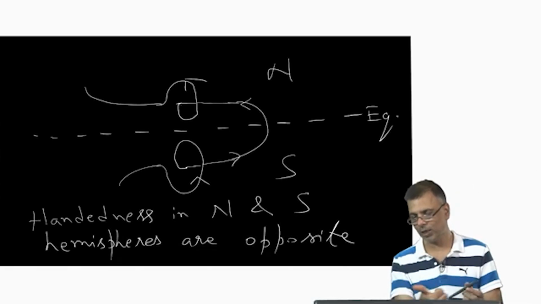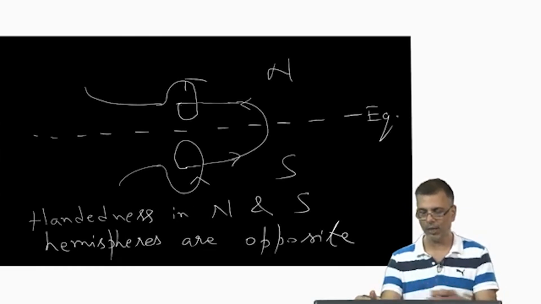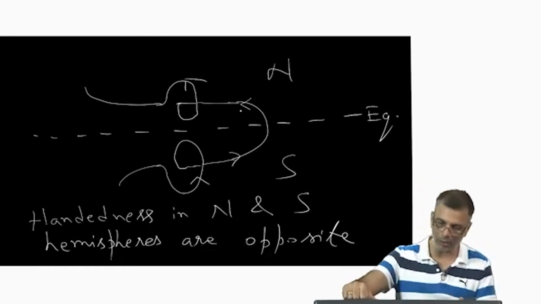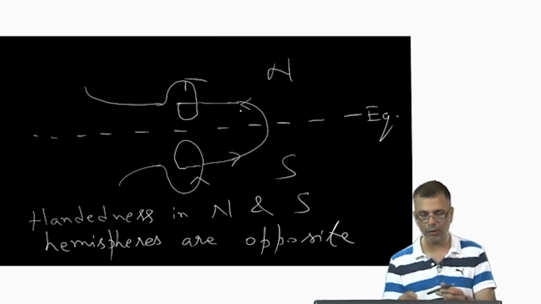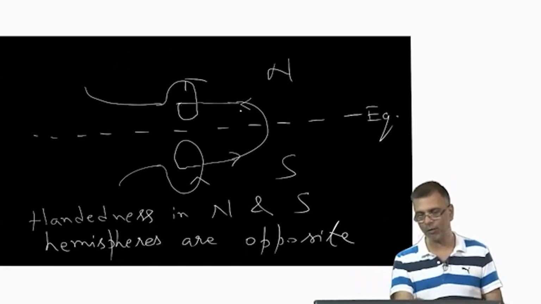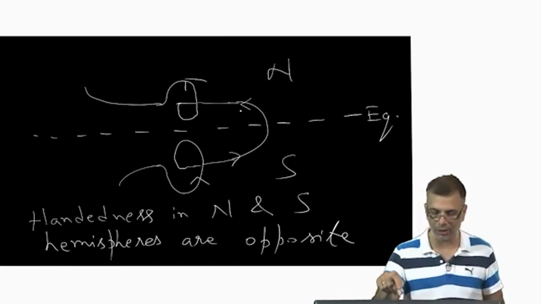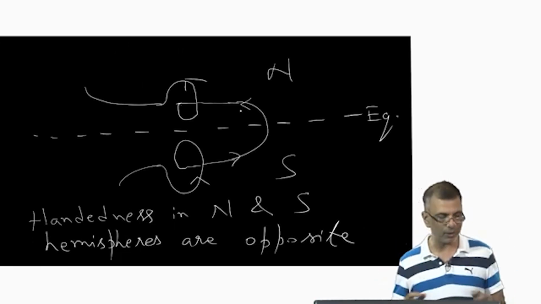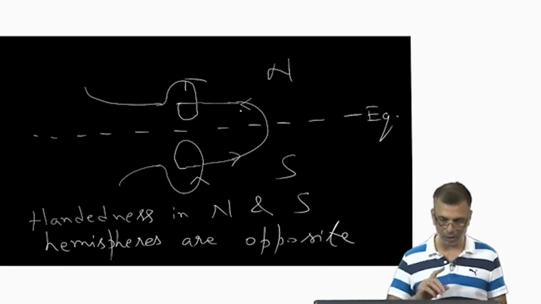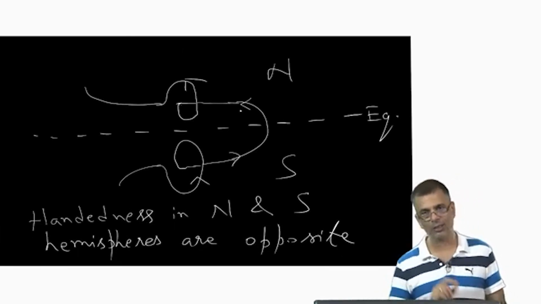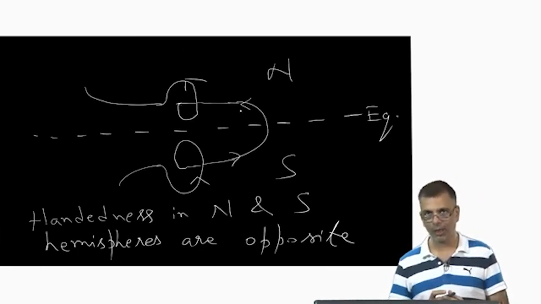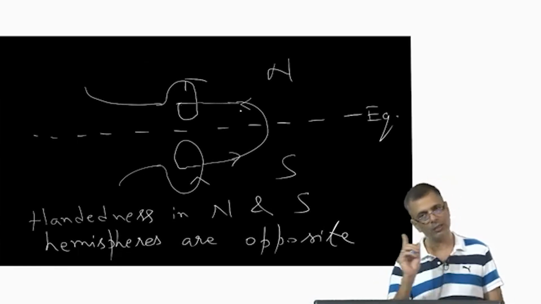You point your thumb this way and do a right hand rule, and here you point your thumb along the direction of the field and do a right hand rule. You will find that the sense of rotation is opposite in the northern and the southern hemisphere. That arises from the fact that the Coriolis forces are in opposite directions in the northern and the southern hemisphere, because the direction of rotation is the same.